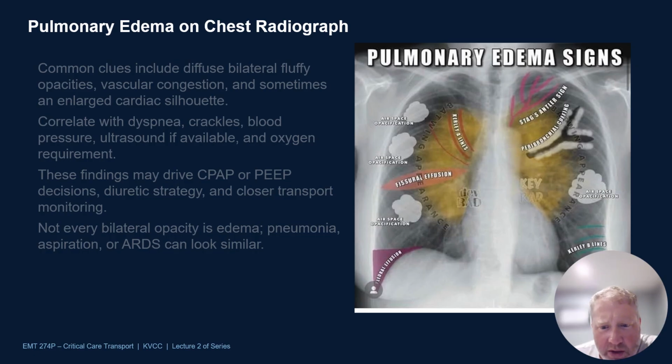Sometimes you've got an enlarged cardiac silhouette, sometimes not, but usually there's kind of a bat wing or a perihilar distribution that you can see. The biggest takeaway is that any kind of diffuse edema changes airway and oxygenation planning quickly.